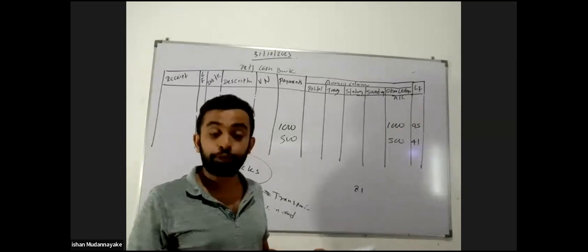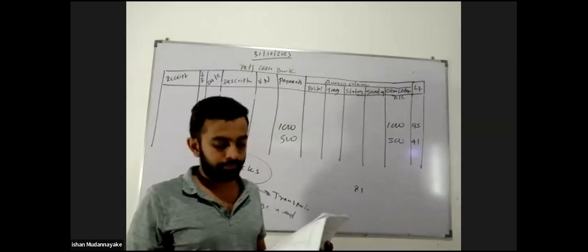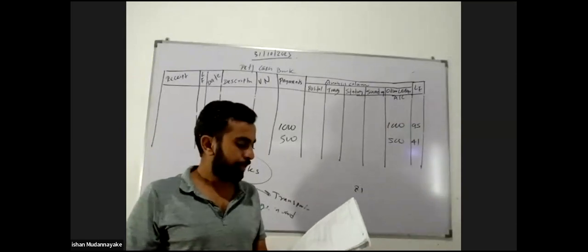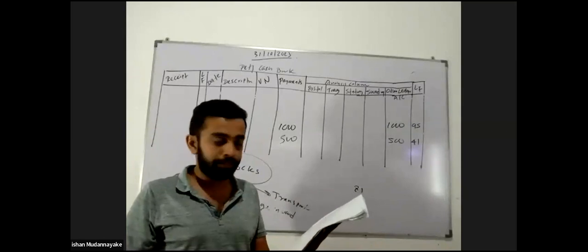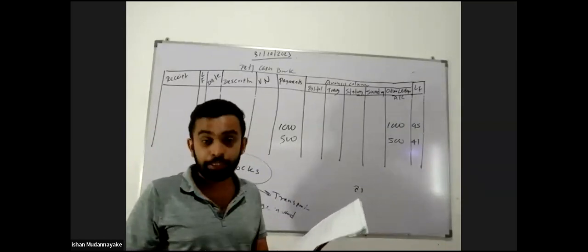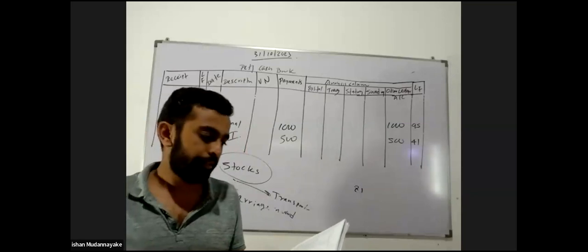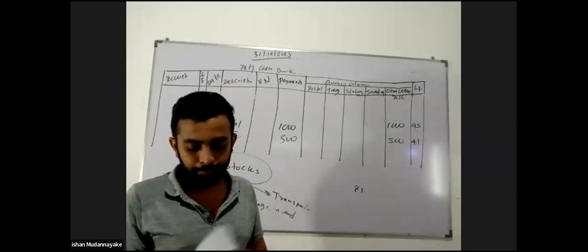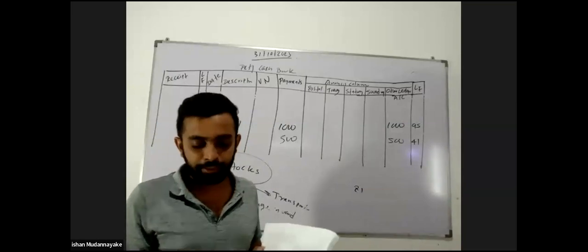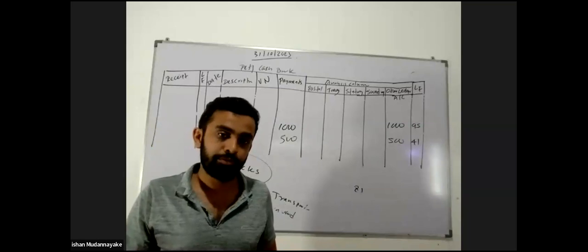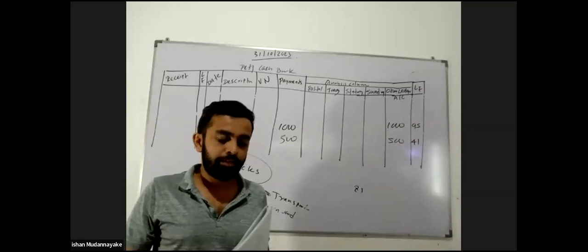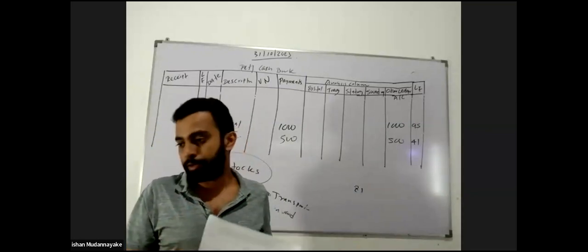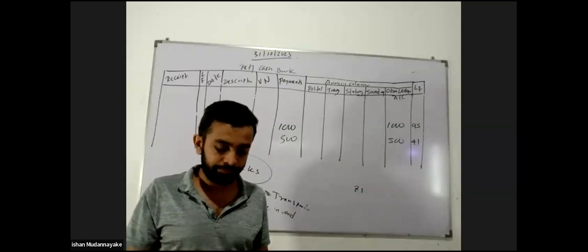Try to do question number 8 at home, then send me the answers. For question number 8, you need to prepare the trial balance. After that, next we will discuss the petty cash book, and then I will send you workpack 5. Please get the printout of workpack 5. Now I will send you workpack 5.